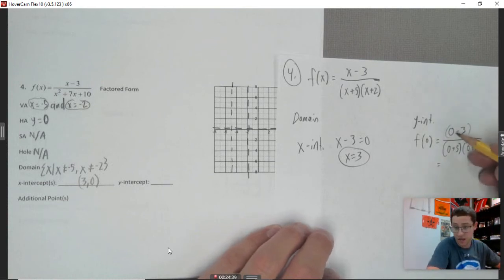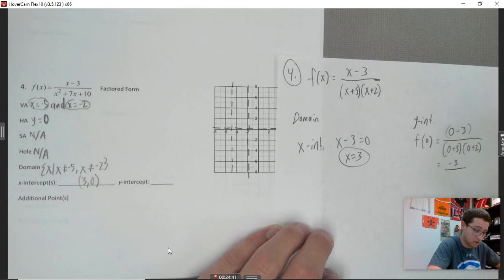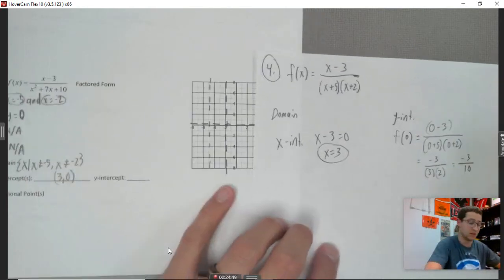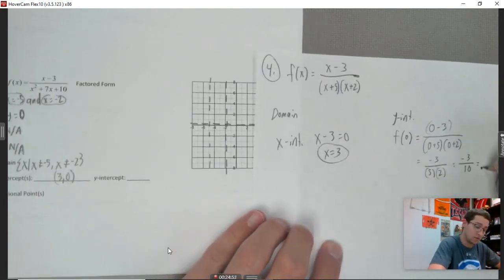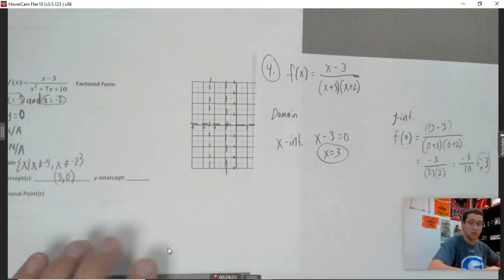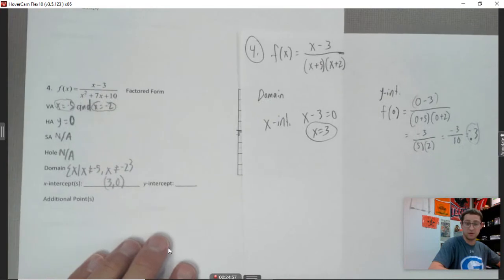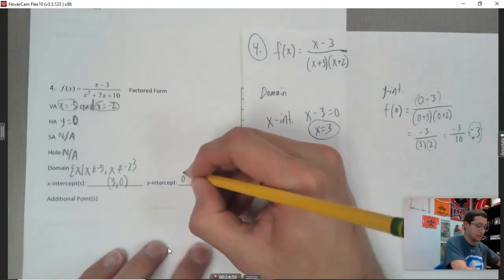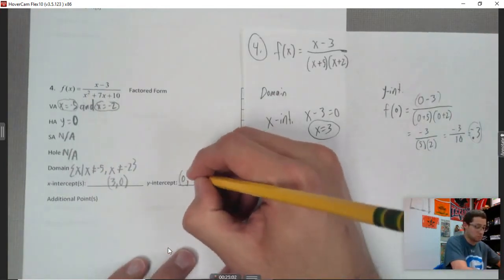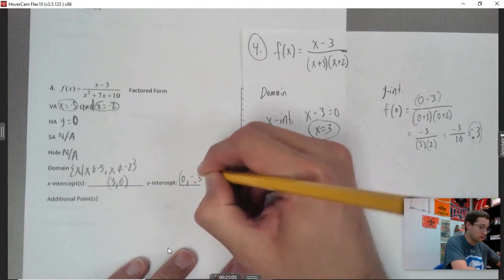On the top I've got -3, on the bottom I've got 5 times 2. So I end up with -3 over 10, which gives me the decimal -0.3. That is my y-intercept there. I've got 0, negative 0.3.